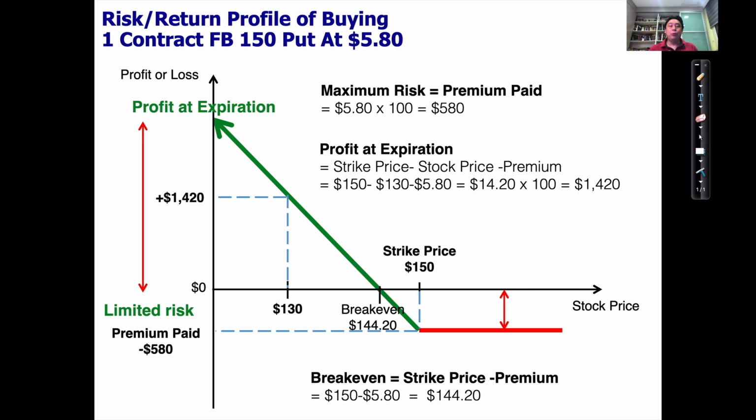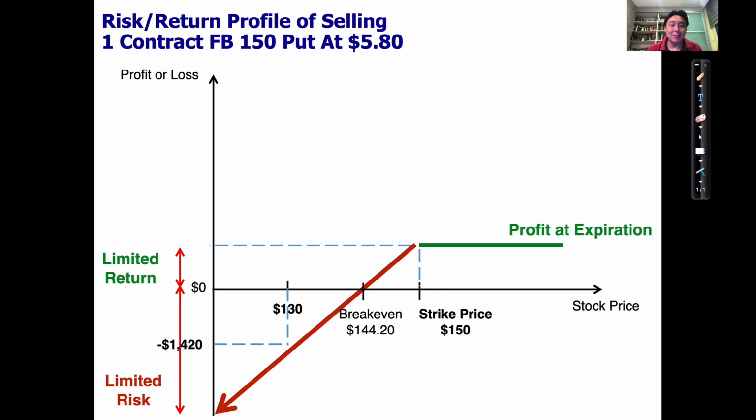Okay, so what if you sell a put? If you sell the put, now you will flip this chart from like that to like that. And this is what it looks like when you sell a put. So in this case, you're selling, again, one contract of Facebook put option at 150 strike price. Remember, when you sell a put or you sell any option, you collect a premium.